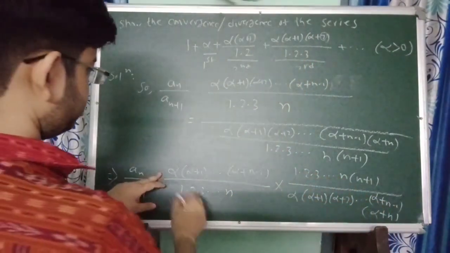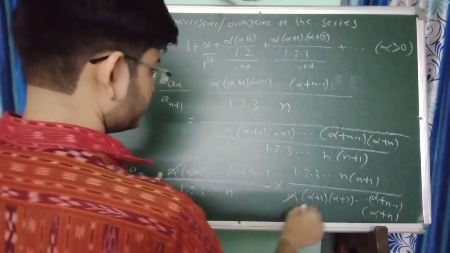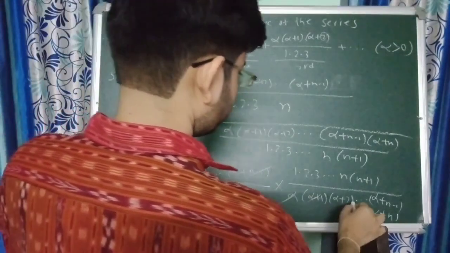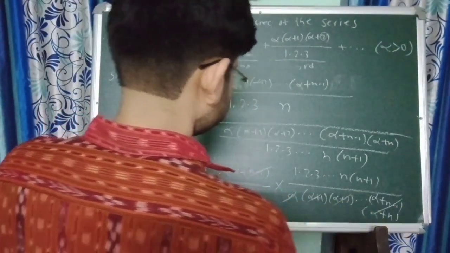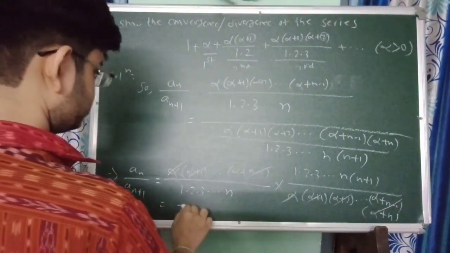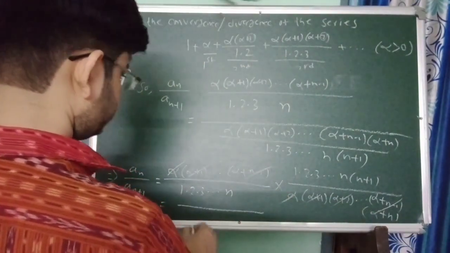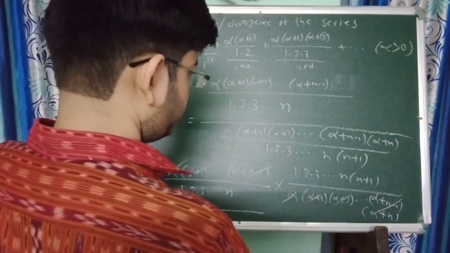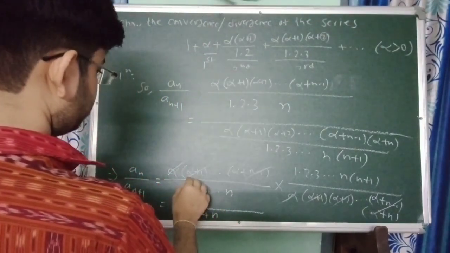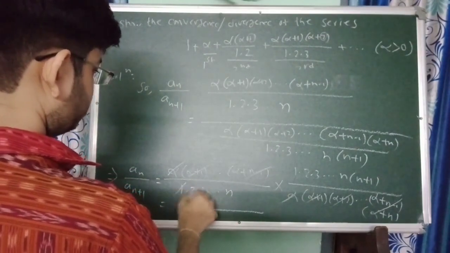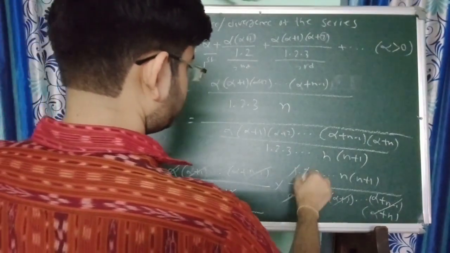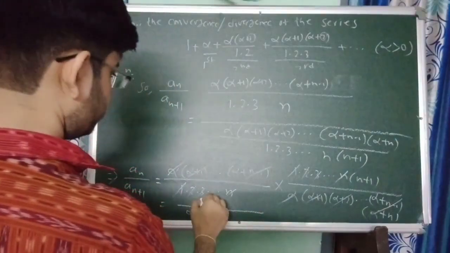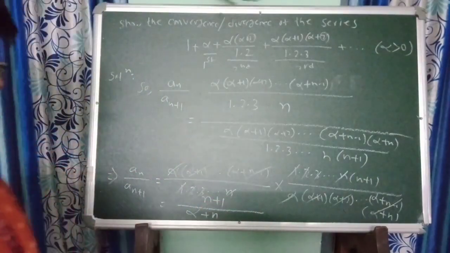So dividing, alpha plus 1 up to alpha plus n minus 1 cancel, and here remaining is alpha plus n in the denominator part, and we cancel 1, 2, 3 up to n, and the remaining part in the numerator is n plus 1.